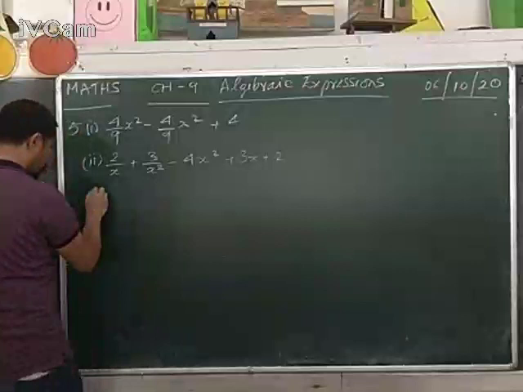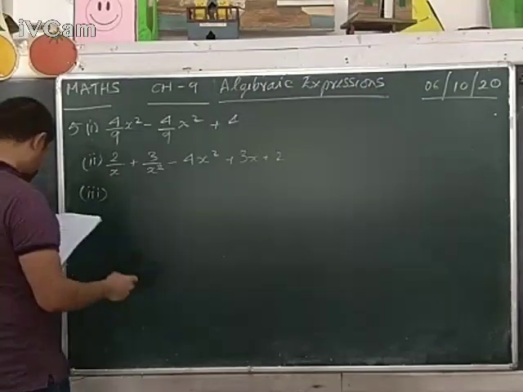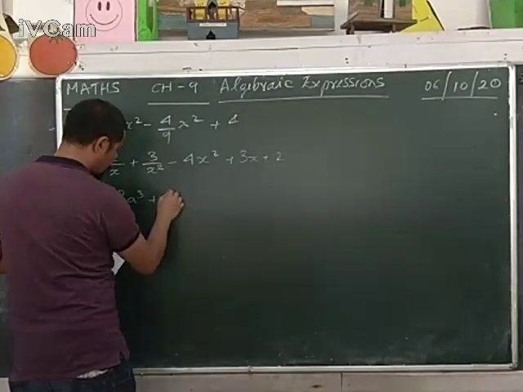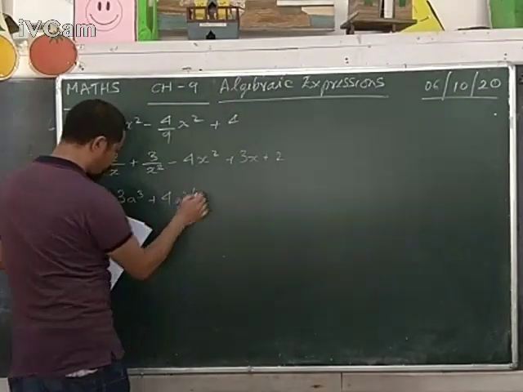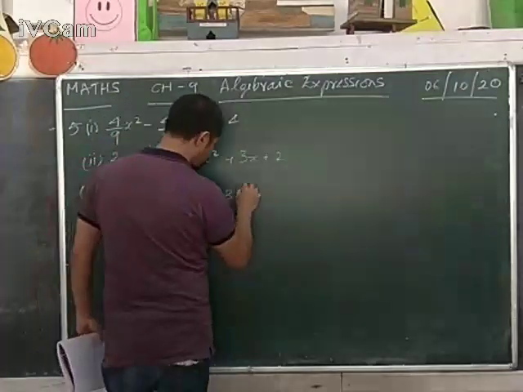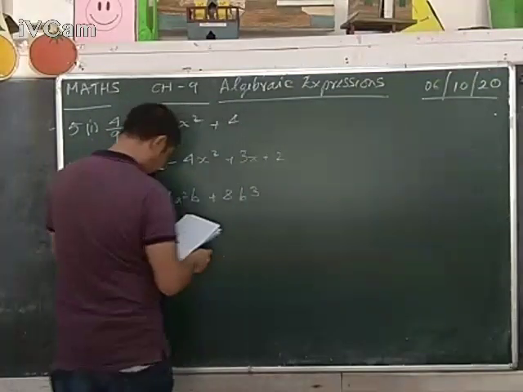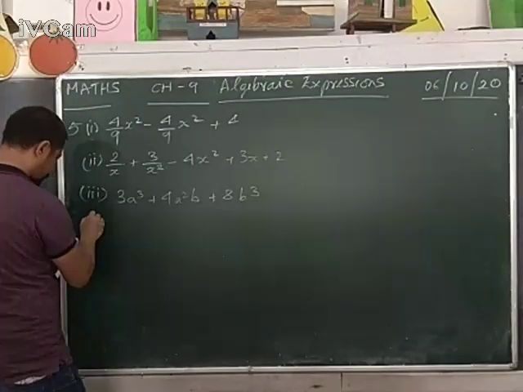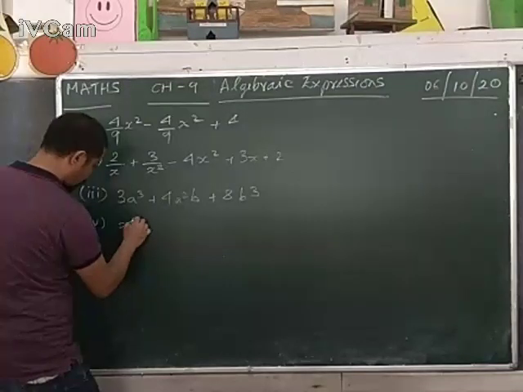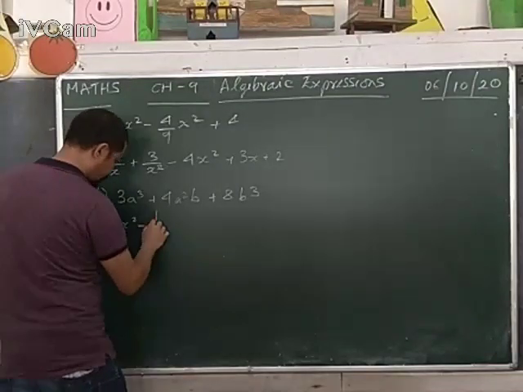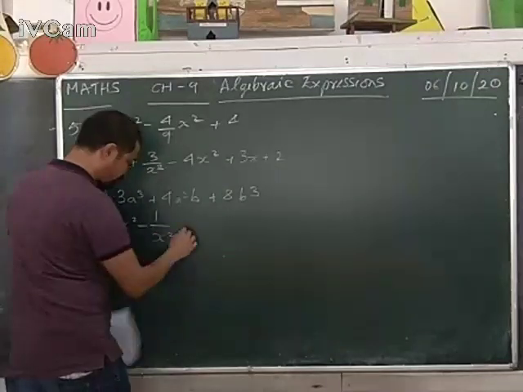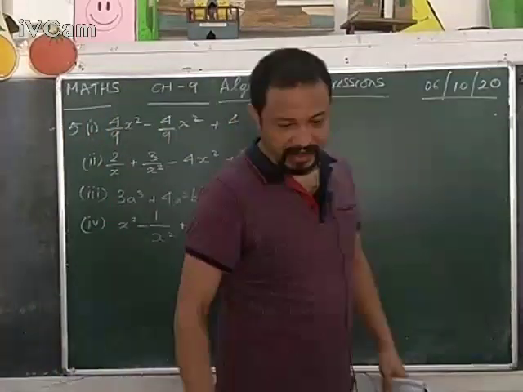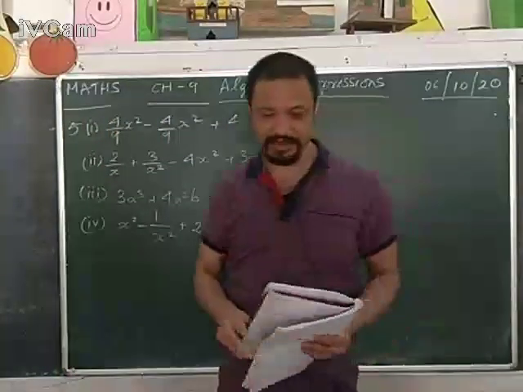Then we have number 3. Number 3 is 3a cube plus 4a square b plus 8b cube, and the fourth one and the last one, x square minus, this is a formula also. Right. So the question states identify polynomials from the given algebraic expressions.